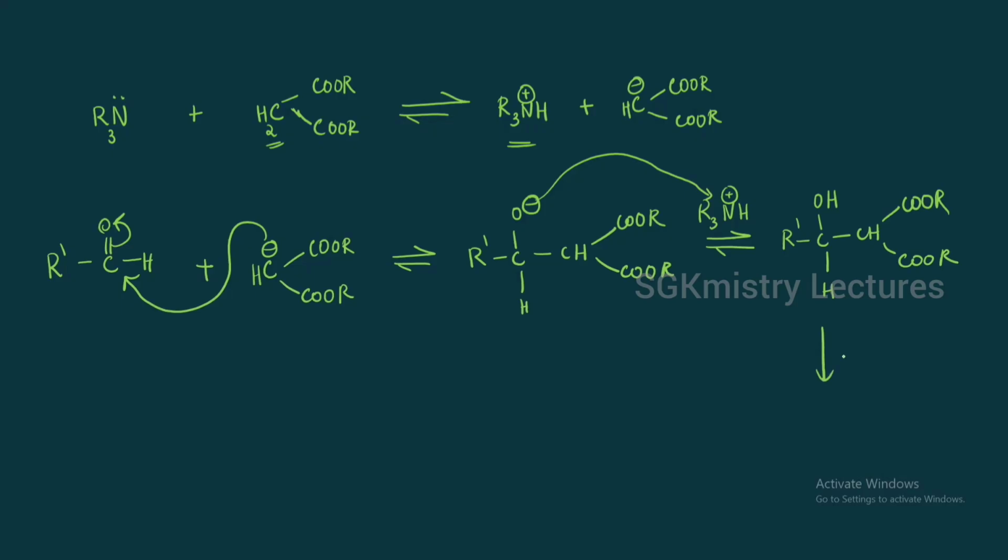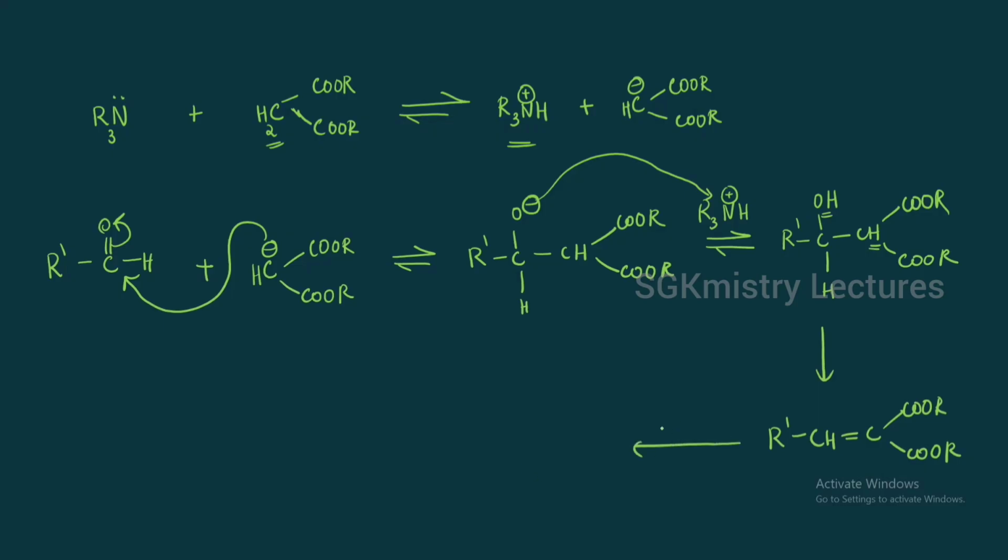Now, this can lead to the removal of a water molecule. There is one hydrogen here and there is an OH group here, so a water molecule can be removed. It can give you R dash CH double bond C, with COOR and COOR, right?